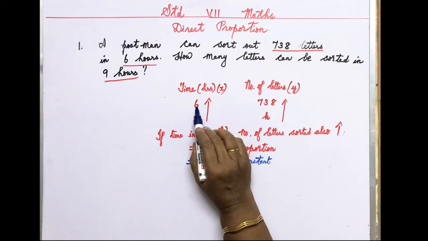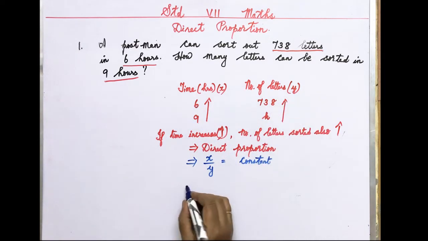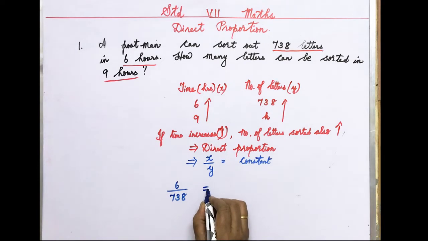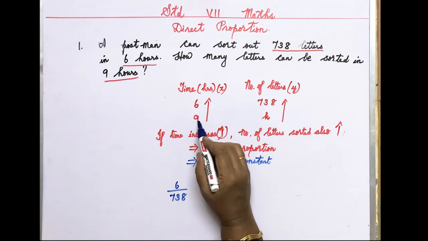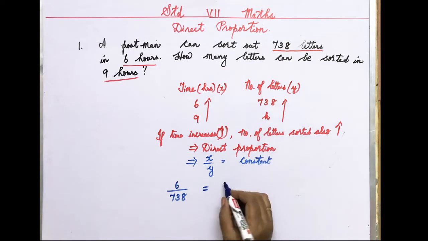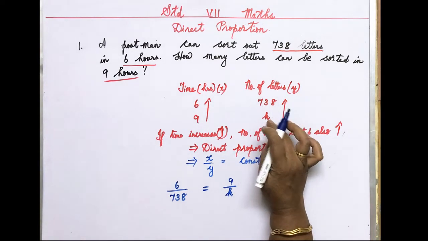In x we have 6 and in y we have 738. So, 6 by 738 is equal to, now come to the second line, x is 9 and y we are having as k now. So, 9 by k. Here k represents the number of letters, we can use any constant.